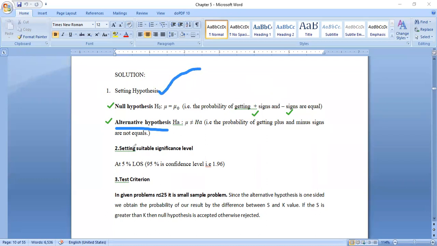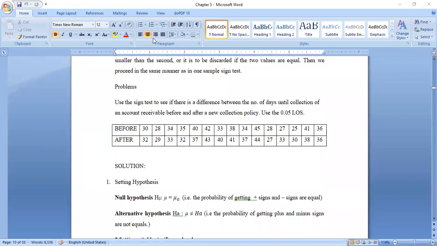The next, we go for the second one, setting a suitable significance level. At 5% LOS, 95% is the confidence level. Already we know this in hypothesis. So here in the given question, 5% is there. When 5% is given in these non-parametric tests, what we have to do?